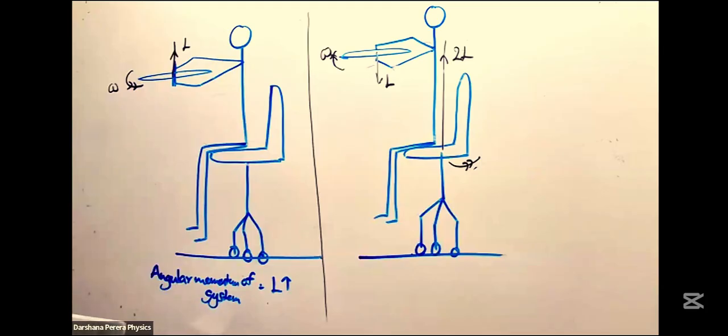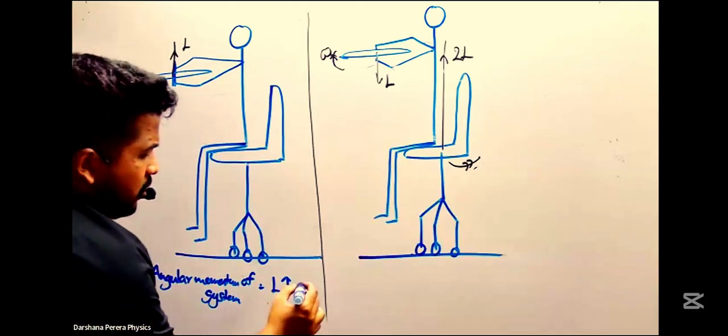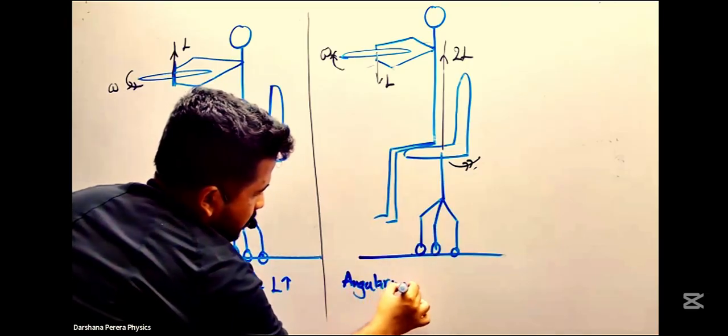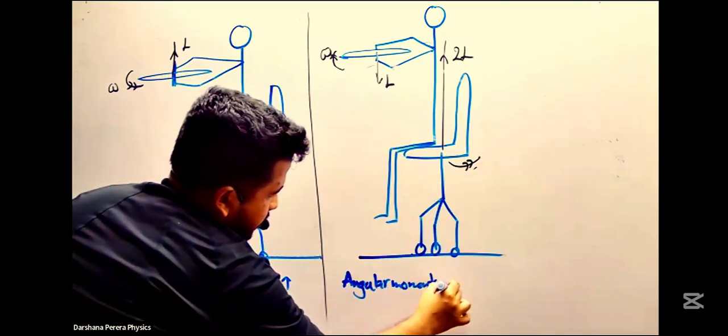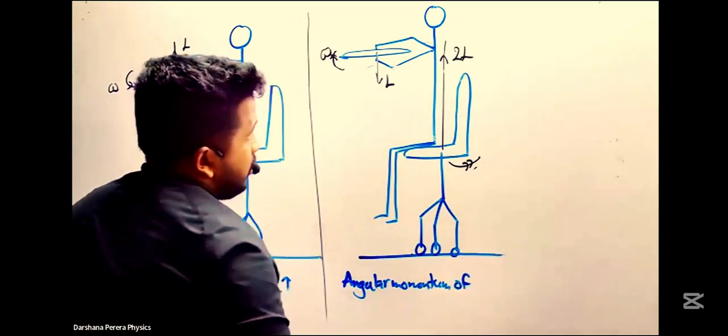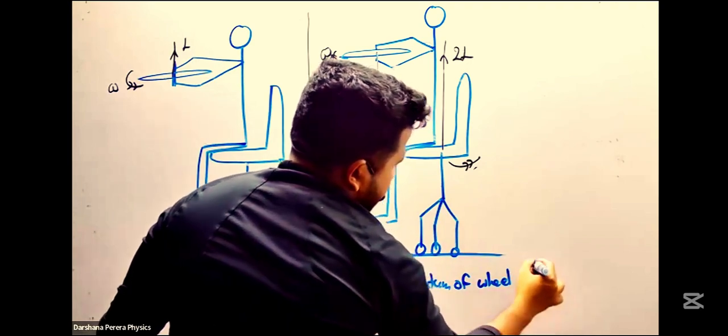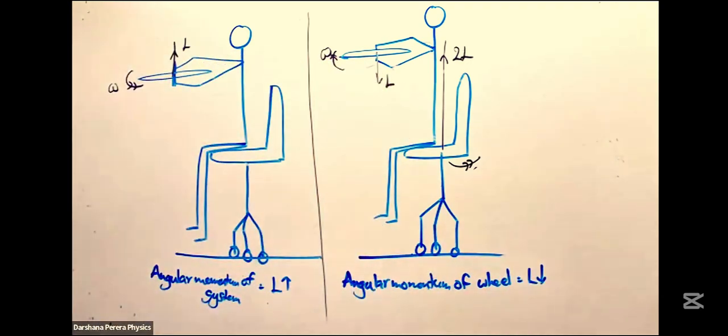Angular momentum of the wheel. Now L downward, right? L downward.